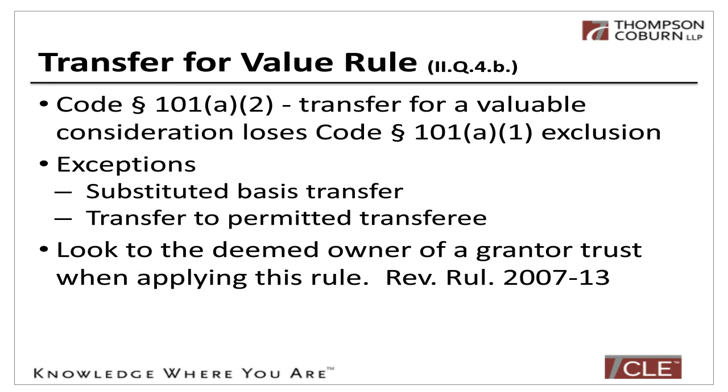But for income tax purposes, that's not considered to be a transfer because you're the deemed owner of that trust. And so we have a revenue ruling that says you look at the deemed owner of the grantor trust to decide whether there's been a transfer for value. Okay, next slide.